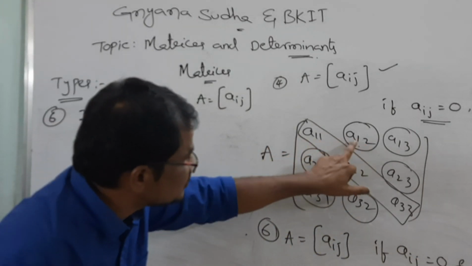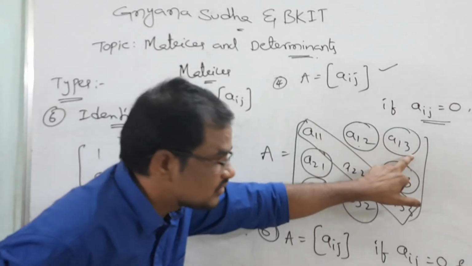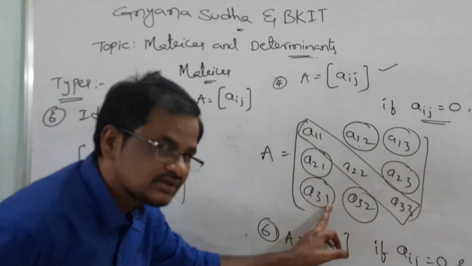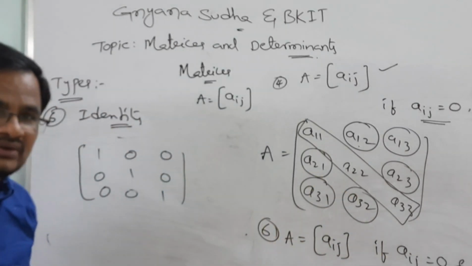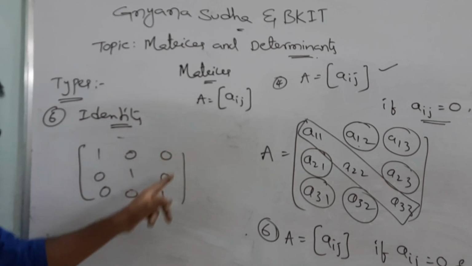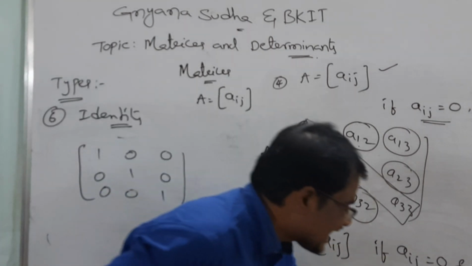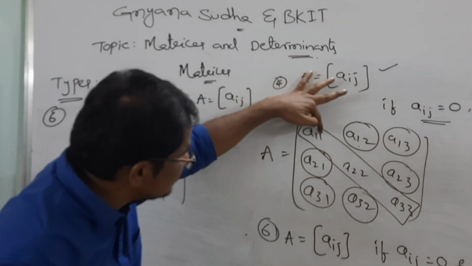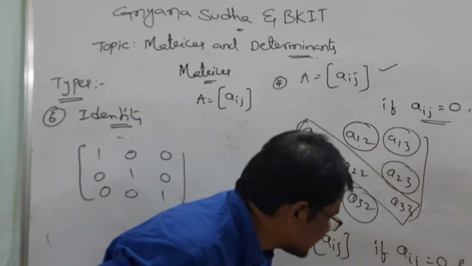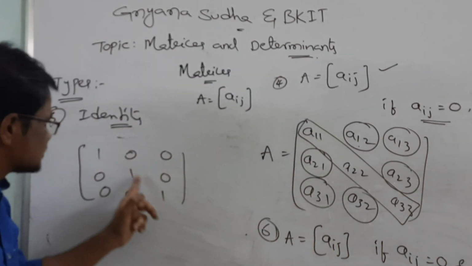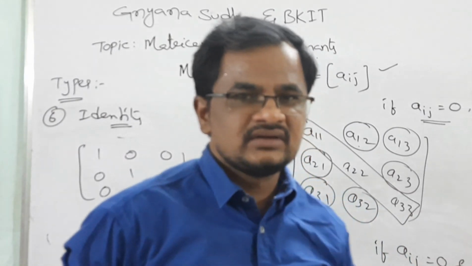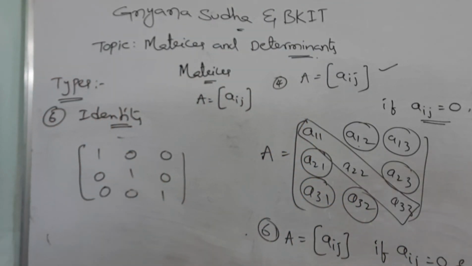Here i not equal to j means 1 not equal to 2, 1 not equal to 3, 2 not equal to 1, 2 not equal to 3, 3 not equal to 1, 3 not equal to 2. So these six elements should be 0. But whenever i equal to j, Aij equal to 1. Like this, indirectly they will ask the definition. So don't neglect the definitions also.